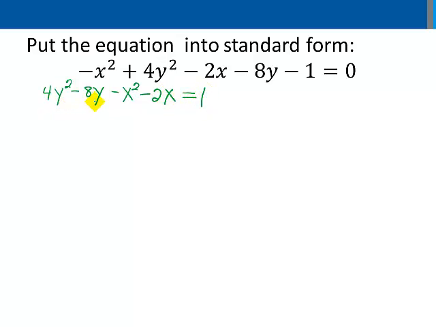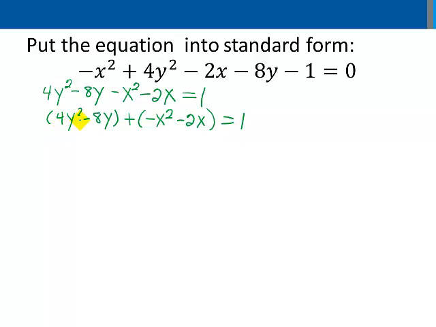So I collect the y terms, the x terms, and put the number over on the right-hand side. I'll put some parentheses around 4y squared minus 8y, also around plus negative x squared minus 2x, equals 1.